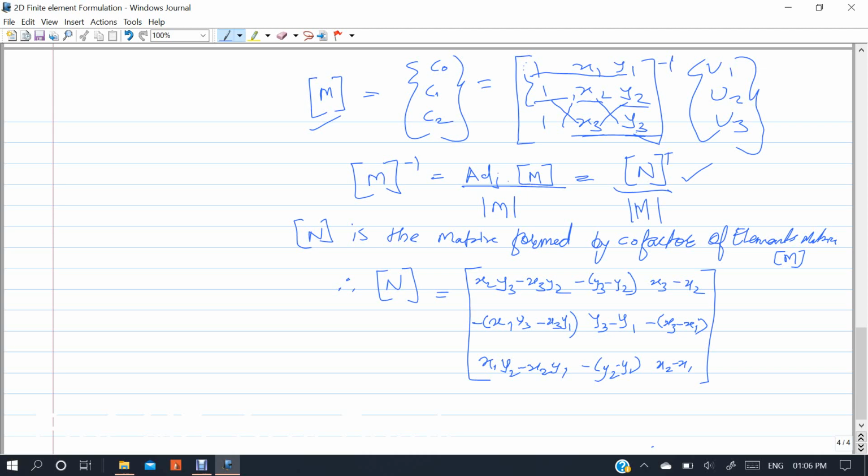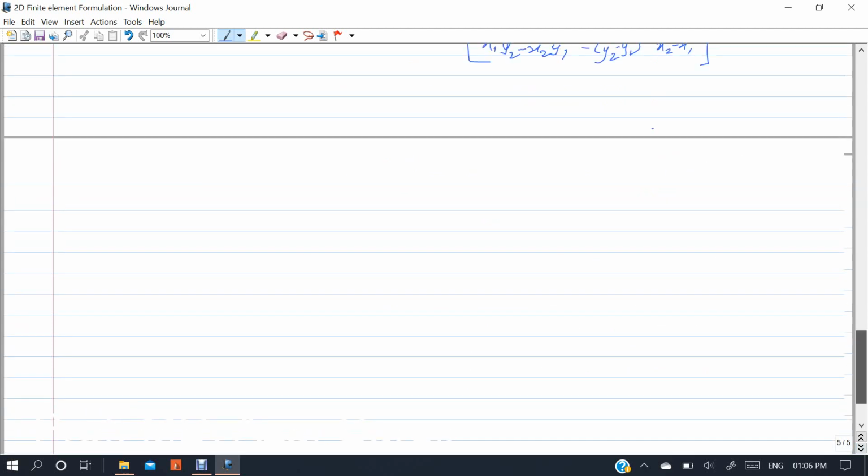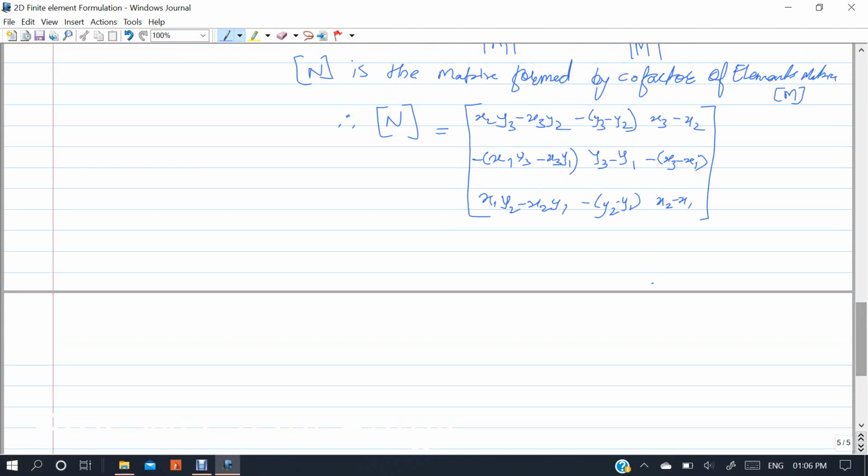Now, where the minus will come, we rewrite this matrix again. So after rewriting, what we will get is that this will remain the same, x2 y3 minus x3 y2, then y2.